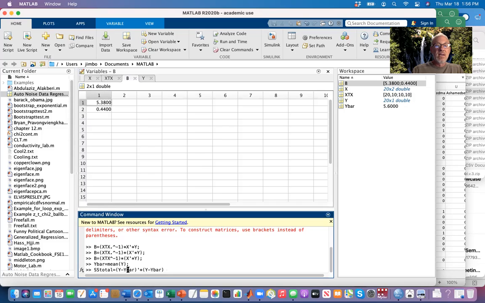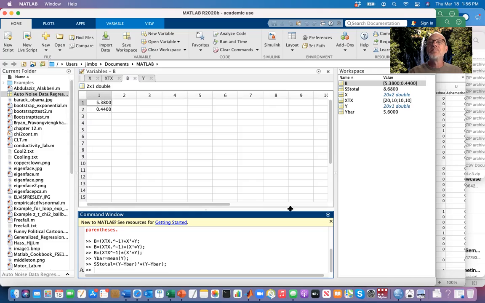So you can see, again, it's a square, so we're going to get a sum of the squares of y minus y bar. Take every y minus y bar and square it and add it up, we get a sum of squares. That's the total sum of squares, the total variation in our dependent variable. Then we get an 8.68.